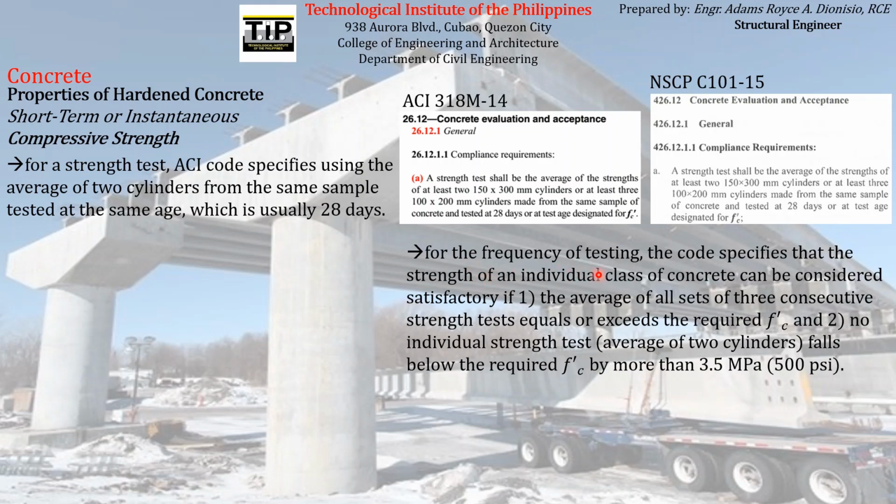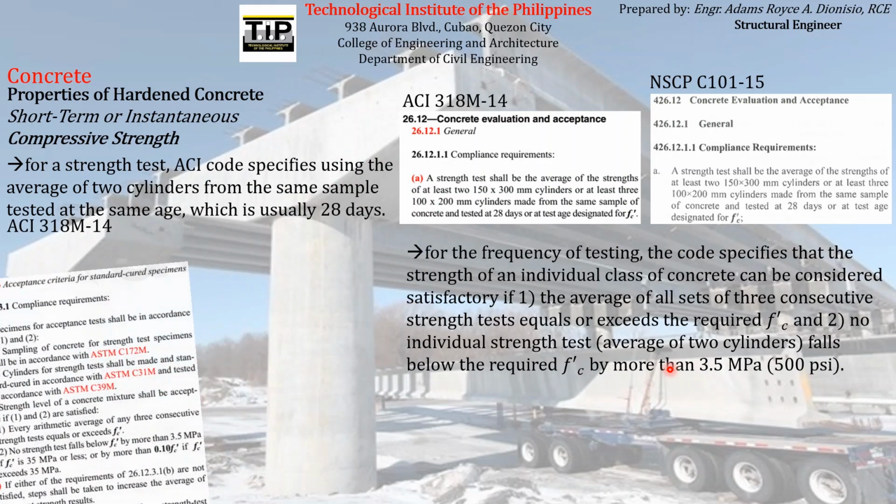For the frequency of testing, the code specifies that the strength of an individual class of concrete can be considered satisfactory if, number one, the average of all sets of three consecutive strength tests equals or exceeds the required FC prime, and no individual strength test, which is the average of two cylinders, falls below the required FC prime by more than 3.5 megapascal or 500 psi.